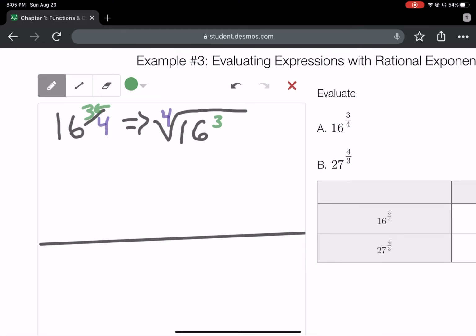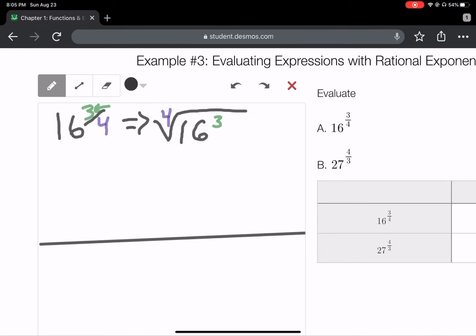All right, so we're still doing the same thing here. This is now telling us that we're looking for the fourth root of 16, which means we're looking for a number to the power of 4 that gives us 16. And then once we're done with that, we're going to take it to the power of 3. Okay, so here's what we're going to do to solve this.